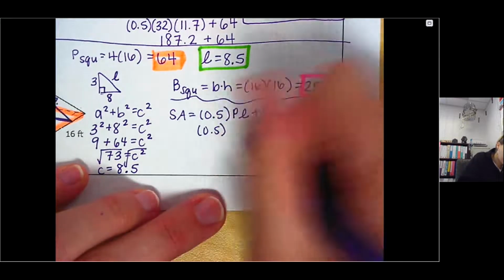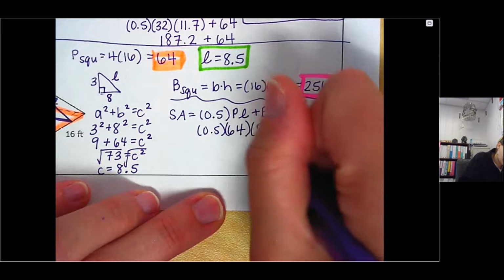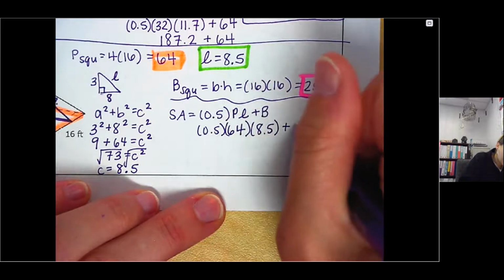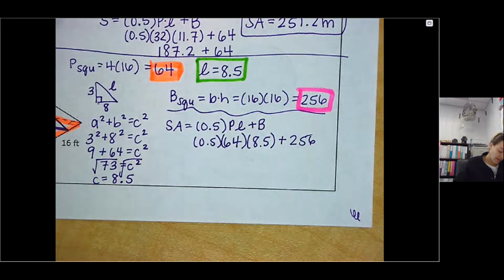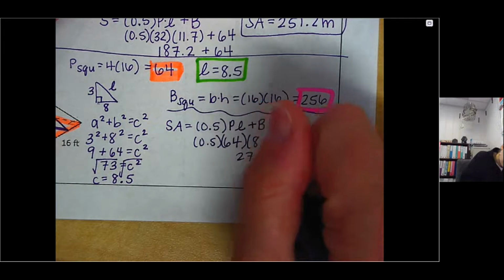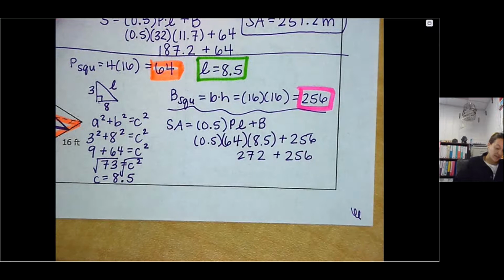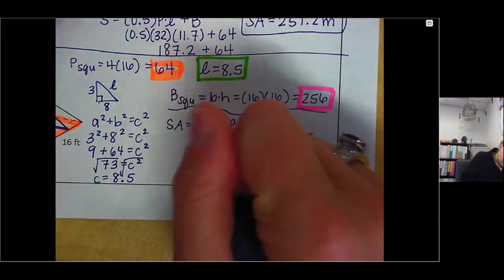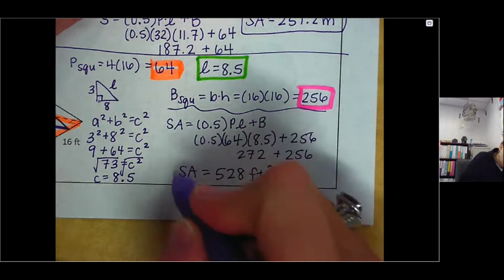My P is 64, my L is 8.5, and my B value is 256. Again, order of operations says to multiply first, then add. And the final step is I add it together with 256. I get that the surface area is 528 feet squared.